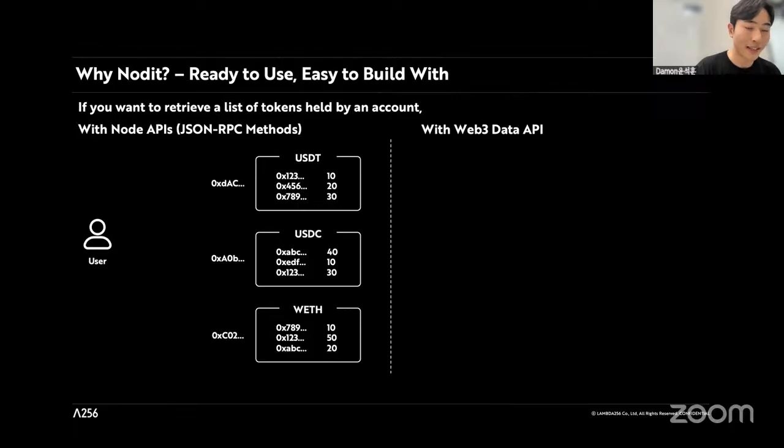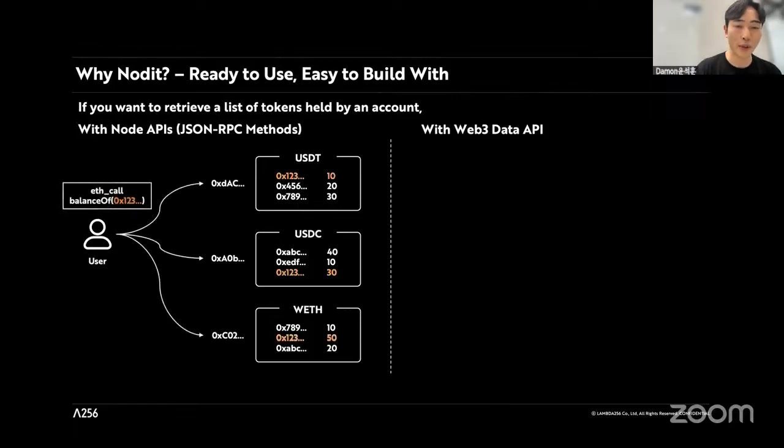But let's say somehow you managed to collect the whole list of contract addresses. Then you have to call the Node API for each contract, which means that if this user has thousands of tokens, you have to make a thousand function calls, one to each contract. It's very troublesome and really critical to the application's performance.